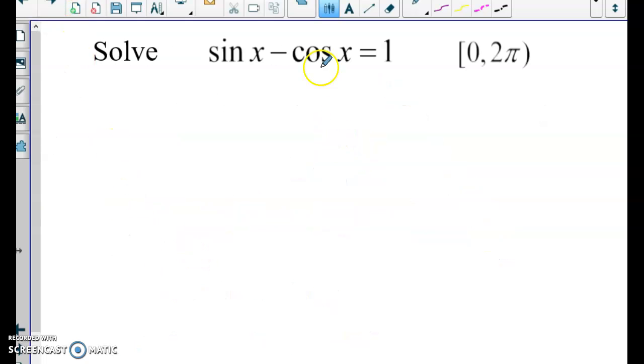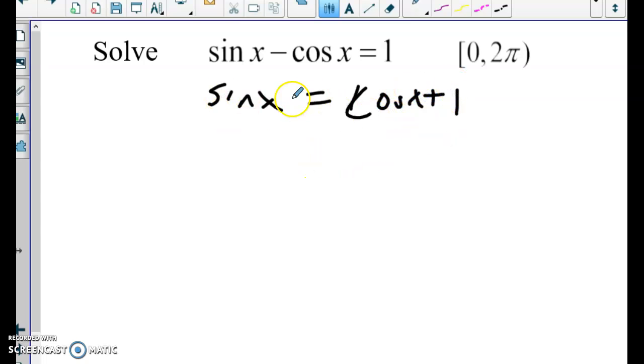All right. Now, how do we deal with this? Well, one of the methods for dealing with this is we could move one to the other side and say, well, when is the sine equal to the cosine plus 1? And we could look at those, and we know that's true when the cosines are negative and the sines are positive. So we're talking about places like the second and fourth quadrant where they're opposite signs.